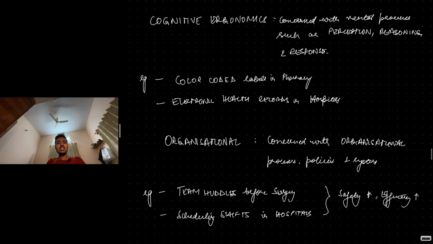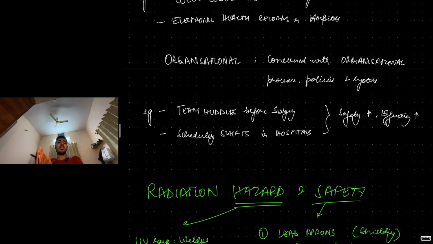Last, coming to organizational ergonomics, where we are concerned with organizational teams, organizational policies, organizational systems, organizational processes. So an example of organizational ergonomics is that before every surgery, the surgeon, the nurses, and whoever is involved have a team huddle and they discuss the future plan of action. That is one example.